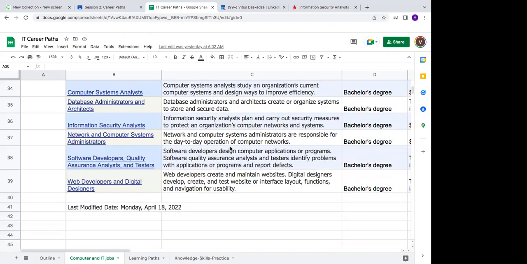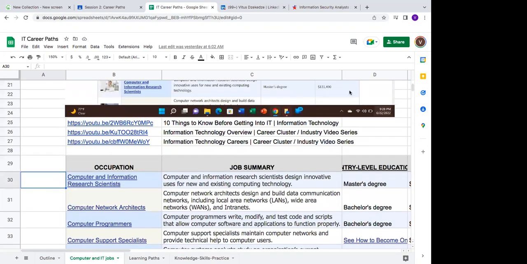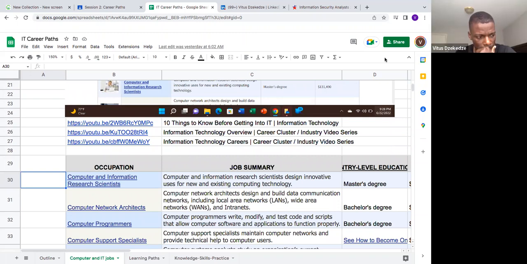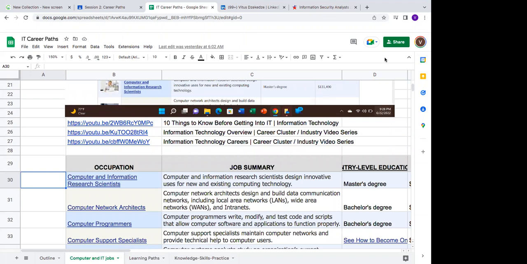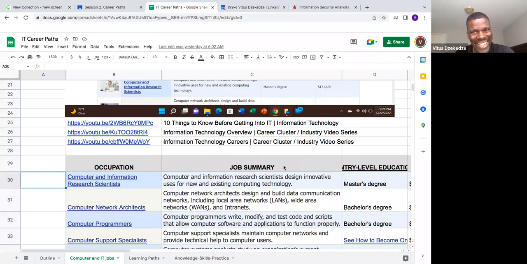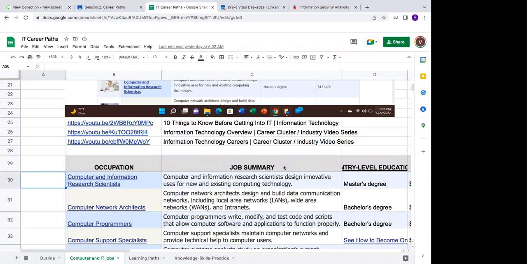So what questions do we have so far? In terms of the careers, yes. I noticed that you started from the top right down to the bottom.